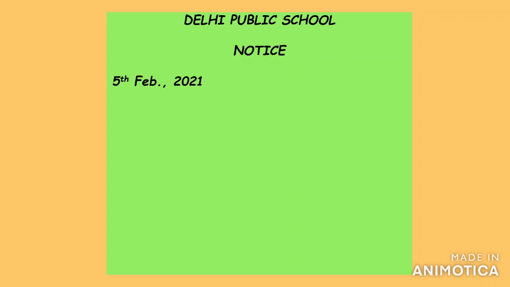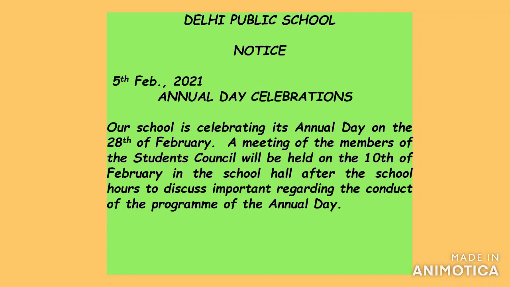The date is followed by the heading which expresses what the meeting is all about, and then the body of the notice which gives us the details related to the event. The notice is concluded with the name of the person who has issued the notice and his designation.